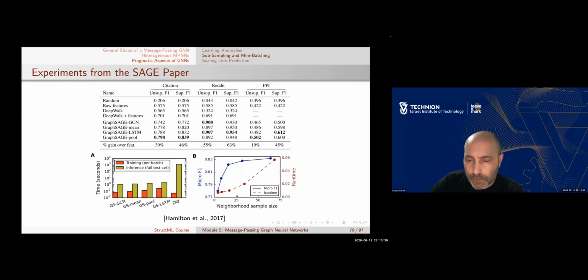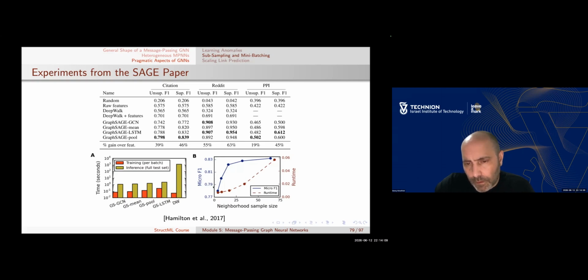Okay, here they show how the neighborhood size actually affects the quality of learning and their runtime. So you see, for example, that it starts from 0.77, so even small sizes give you some good results on this micro F1, which is a measure for clusters.